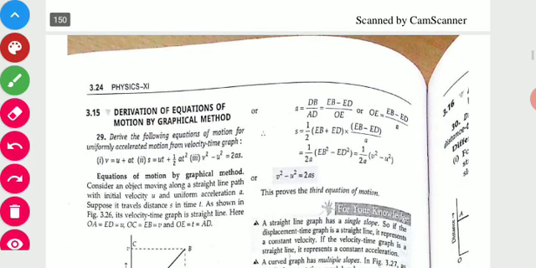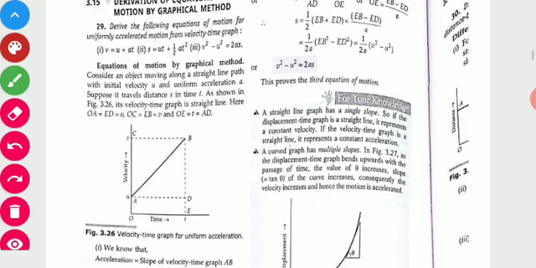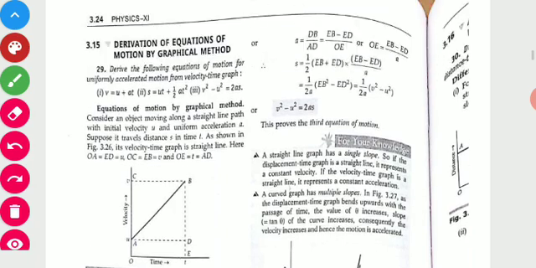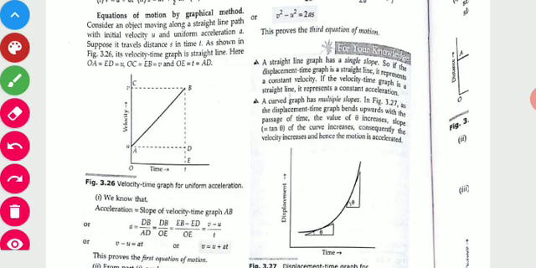So students, now we will derive the equations of motion by the graphical method. As we have discussed these derivations by the calculus method, now we will discuss them by the graphical method. First we will derive the first equation of motion.